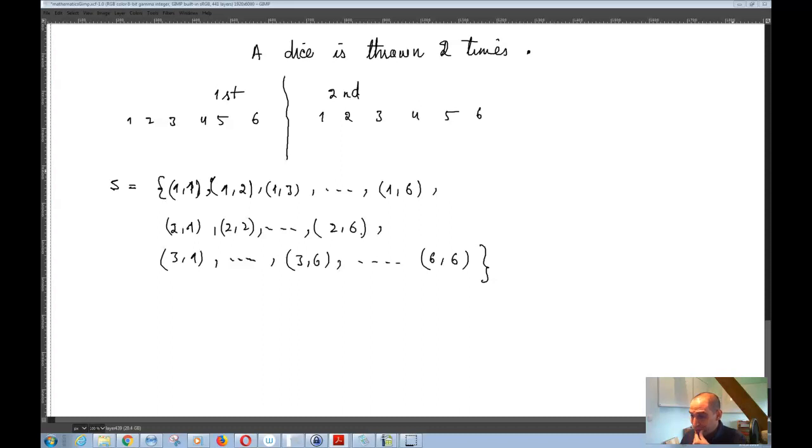Now, if your sample space is that, they have defined the sample space as all the ordered pairs x, y, such that x and y is equal to 1, 2, 3, 4, 5, and 6.